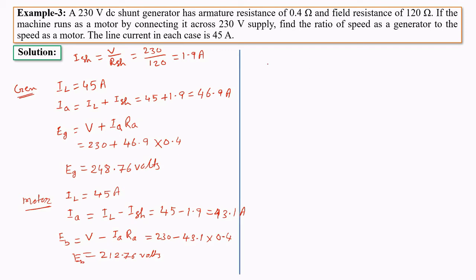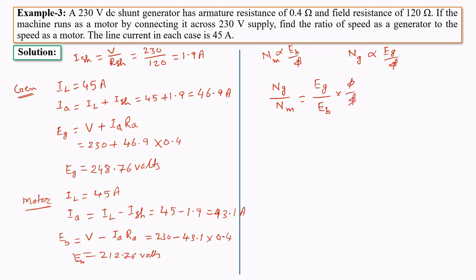Now, as the speed is proportional to back EMF upon flux, similarly in case of the generator we can write the speed of the generator will be proportional to generated EMF upon flux. Therefore, we can write the speed of the generator upon speed of the motor will be generated EMF upon back EMF into phi upon phi.